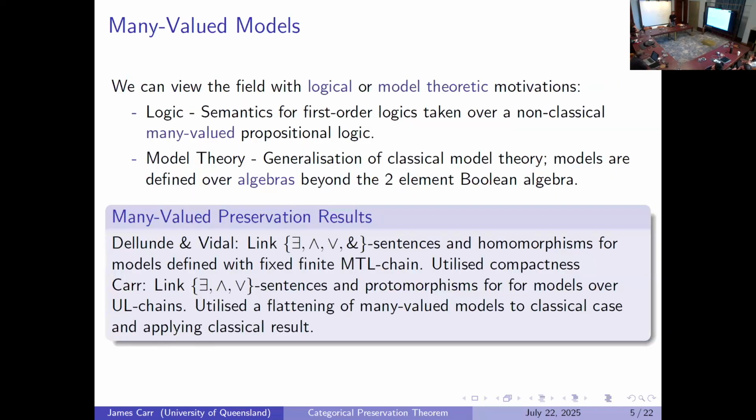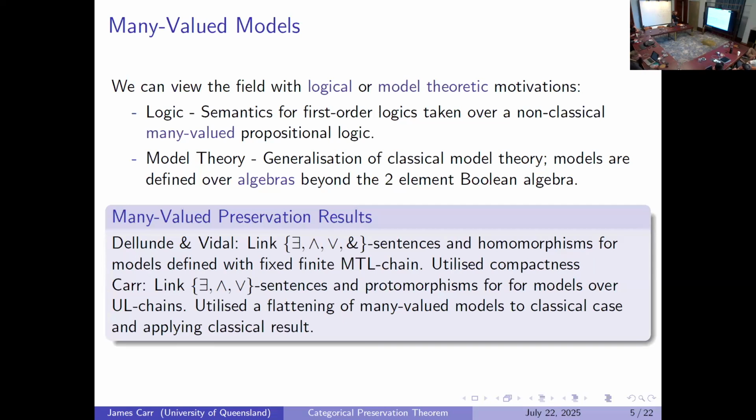Both of these results have a classical-esque flavor to them. To some extent, they say that the classical parts of these models continue to behave classically. That's more obvious in my result, where it's very obviously just the classical connectives of the models.